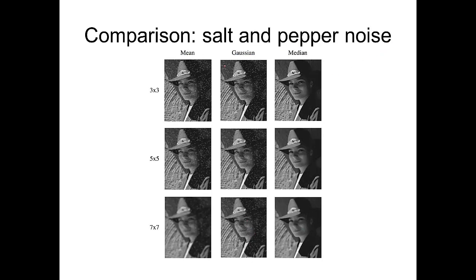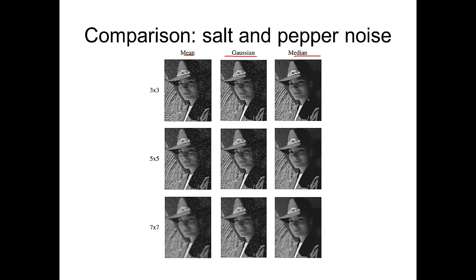If the image is corrupted by salt and pepper noise, then you use these three filters to perform noise reduction. This shows the result. When the size of the filter is 3 by 3, with the mean filter the noise is still there, and with the Gaussian filter the noise is still there.